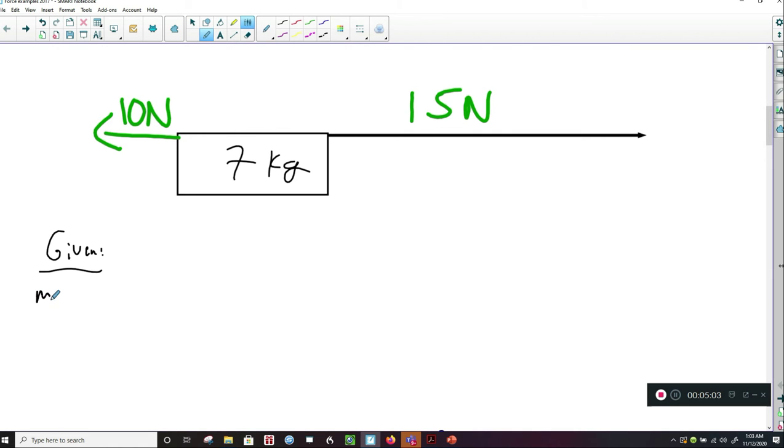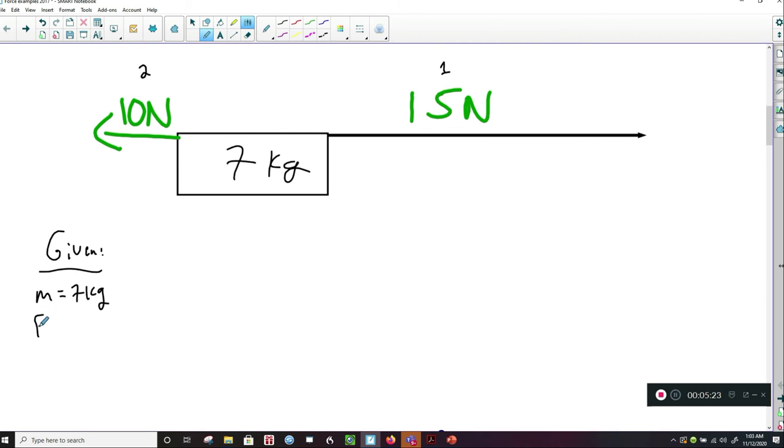We have a mass, and we actually have two forces, so I don't know which one's which. I'm just going to call this 1 and this 2. Call them A and B, I don't really care.